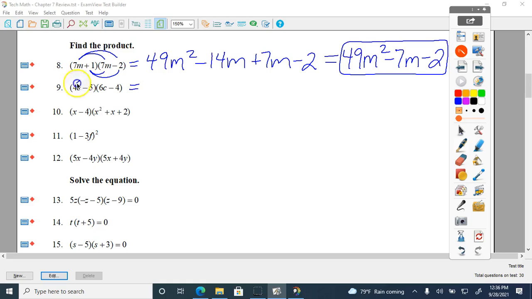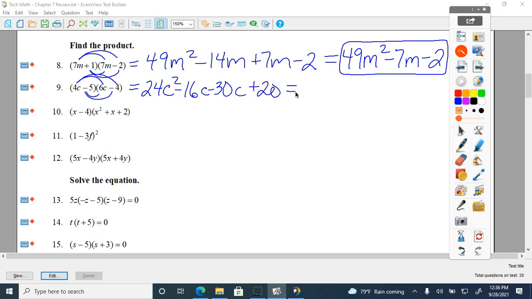Here we go. 4c times 6c is 24c squared. 4c times negative 4 is negative 16c. Negative 5 times 6c is negative 30c. And negative 5 times negative 4 is positive 20.